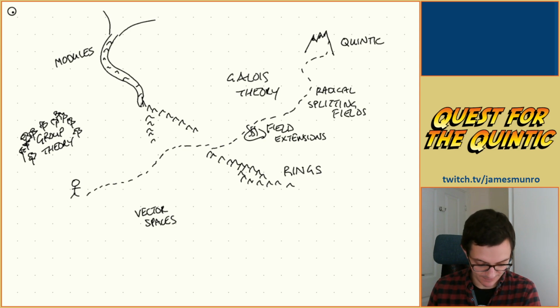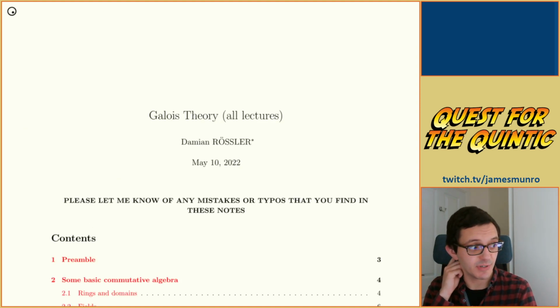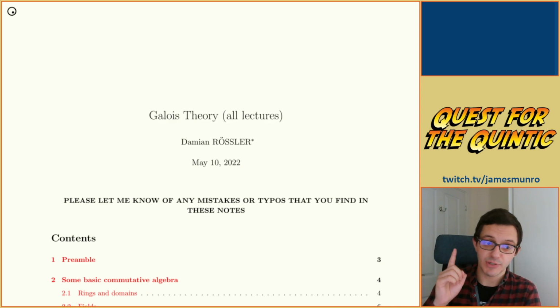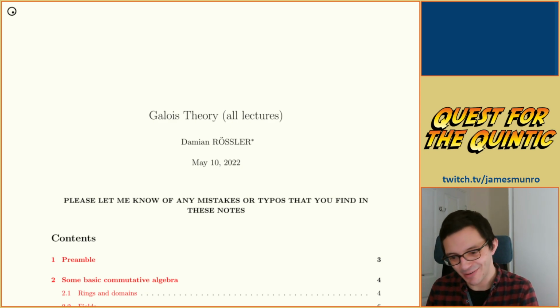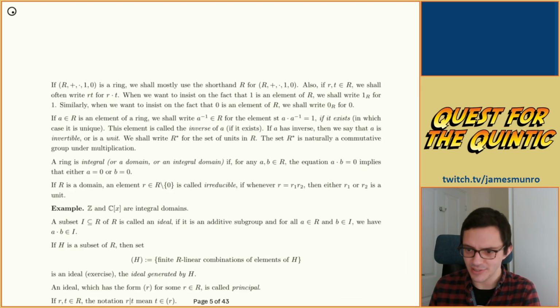Let's have a look at that. So I need to go into Galois theory. Here's Galois theory, some lecture notes from Damien Rosler, which I've taken from 2022. These are on the website. If you want a link, on my Twitch page, there's a homepage link which takes you to my website where you can get a link, or you could just search for Oxford Galois theory, to be honest.